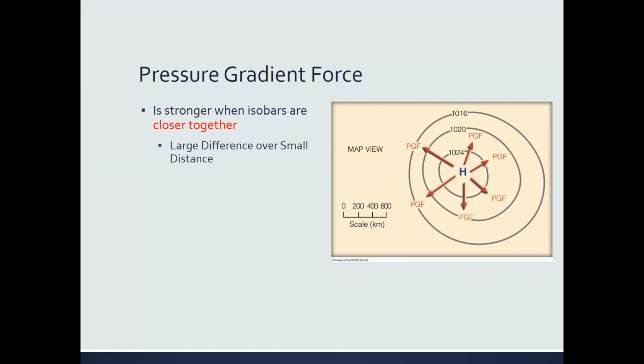On the other hand, if you have the isobars farther apart from each other, that represents a small change over a large area. That's a weaker wind. So where the isobars are close to each other, that's a strong wind. Where the isobars are far apart from each other, that's a weak wind.